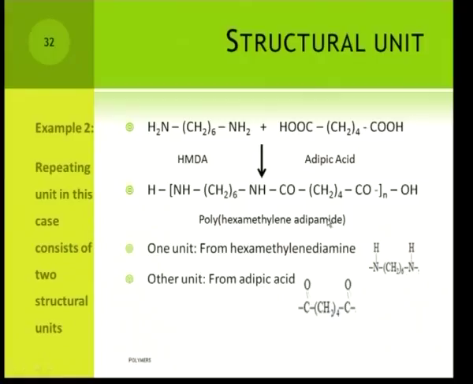Hence, this becomes a classical example that helps you understand how the structural unit is different from the constitutional repeat unit. In this example, the repeating unit consists of two different structural units, and the constitutional repeat unit is the one repeated several times in the formation of the polymer.